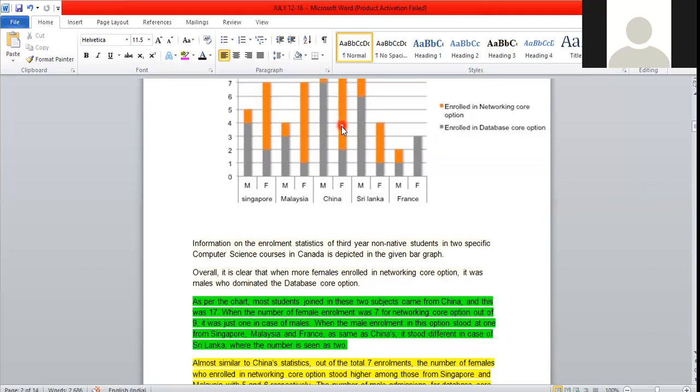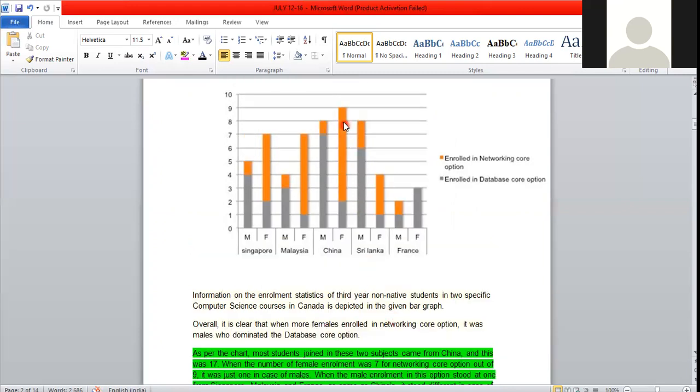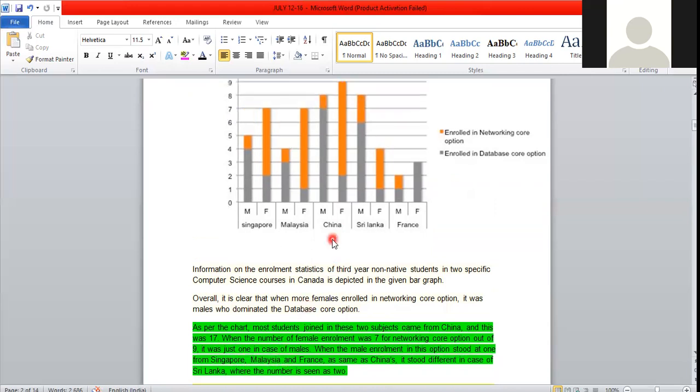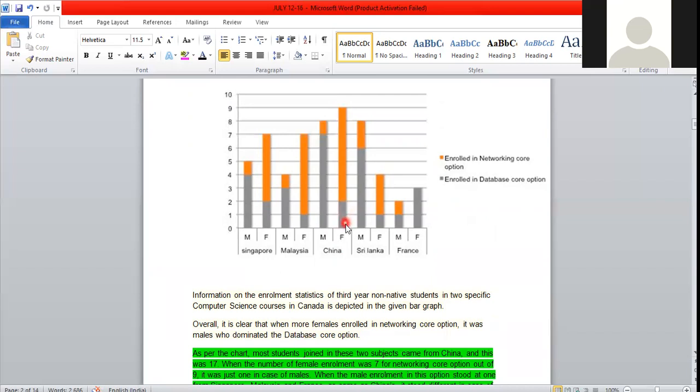When the number of female enrollment was 7 for networking core option, it was 7 out of 9. So it was just 1 in case of males. So networking core option, out of 9, it was 7 for females, whereas male enrollment was just 1.